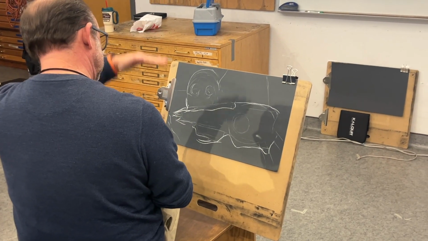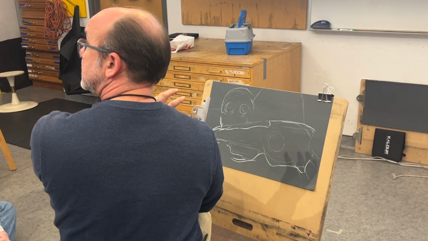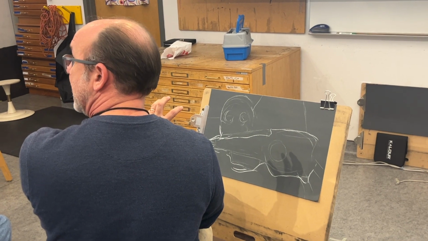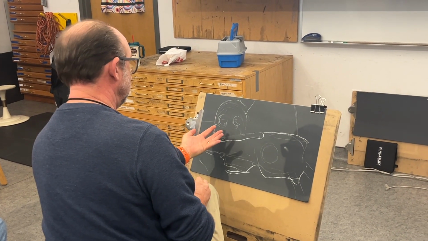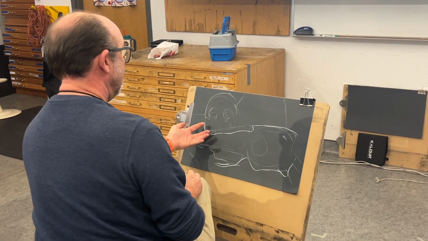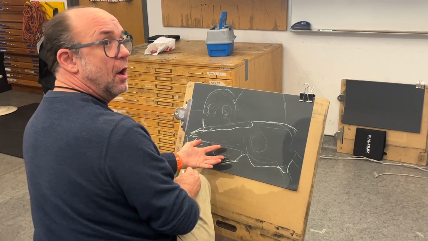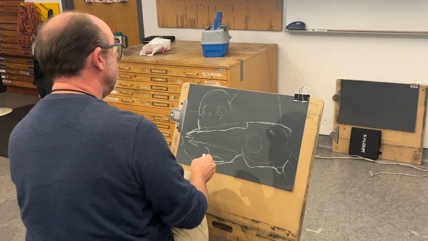You see how I'm shifting stuff spatially. I'm still essentially following the map that I created with those primary forms. But because this is too high, I'm not going to be able to have the jaw. Does that make sense? So I need to move things down.